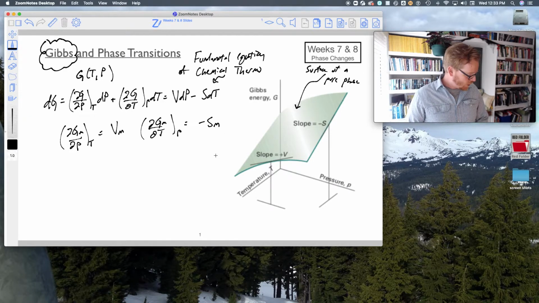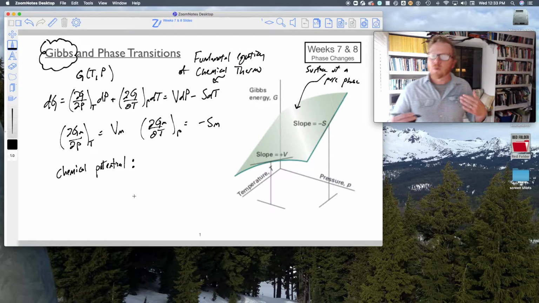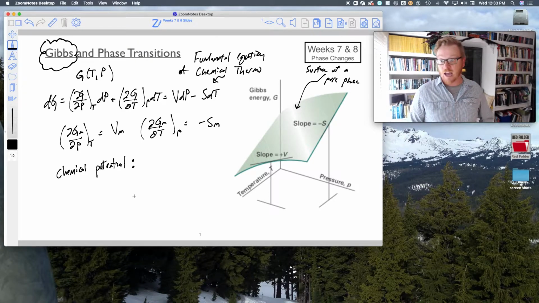And so I'm also going to introduce a new idea here, chemical potential. I briefly talked about this when I introduced the canonical, microcanonical, and grand canonical ensembles. So chemical potential is related to the grand canonical, and chemical potential gets the symbol mu.